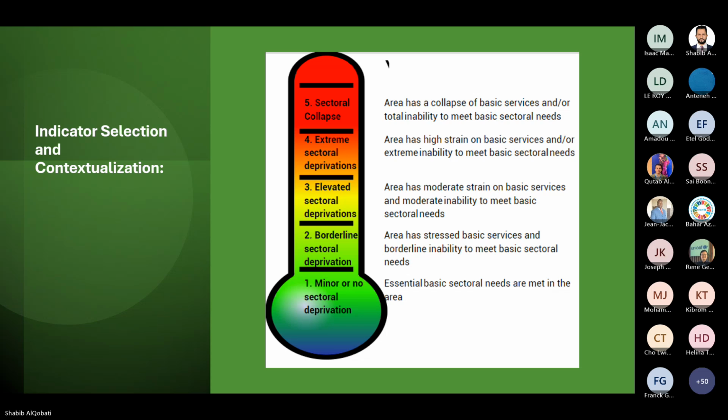If the level of IDPs is, although it could be a relatively large number, for example, let's say 10,000, but it is not resulting in a complete collapse of services, or the services available within the admin area can absorb the number of IDPs, maybe the severity could be level 3 or level 4, or maybe exceptionally level 2.